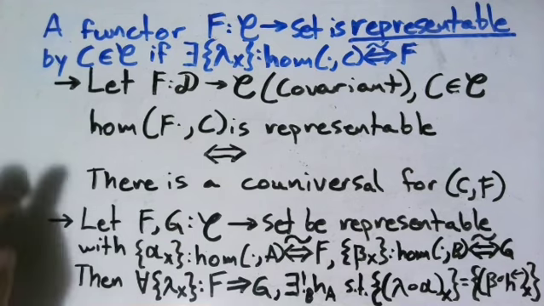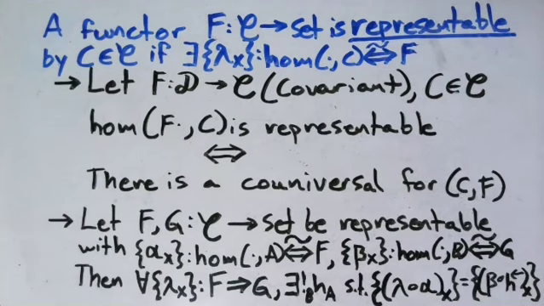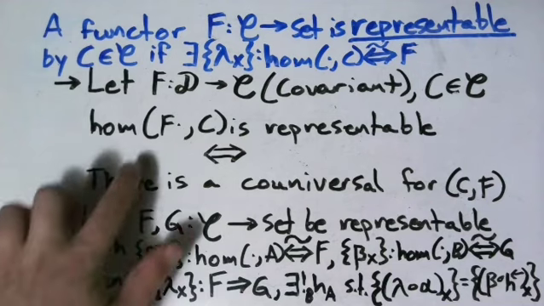The first is that if there's some covariant functor F going from D into C, then for some object C in C, Hom(F-, C) is representable if and only if there is a couniversal for C F. So we defined what this was.